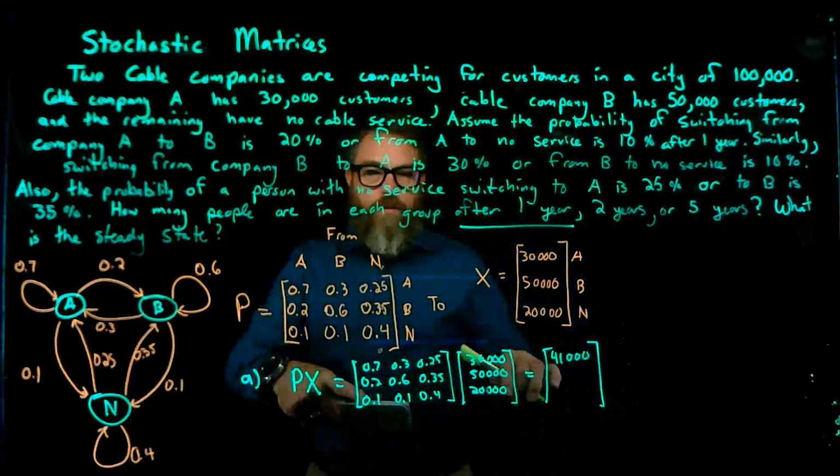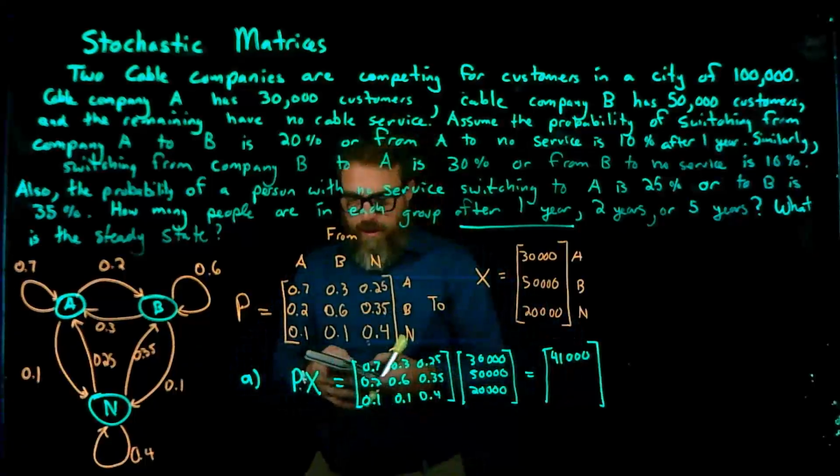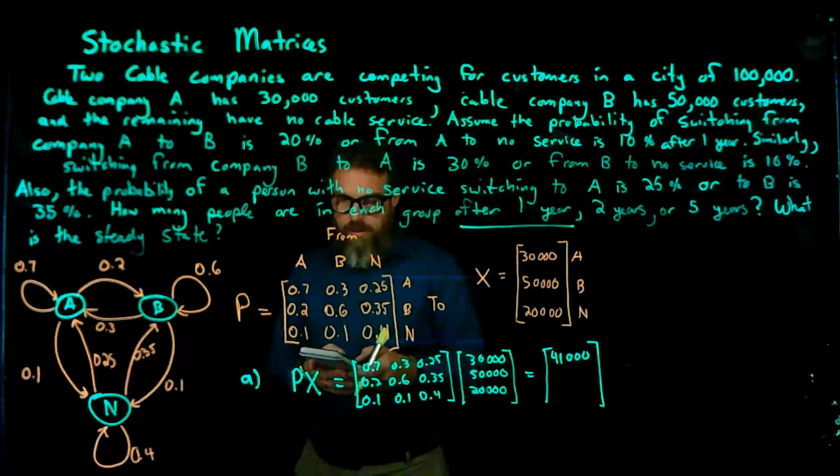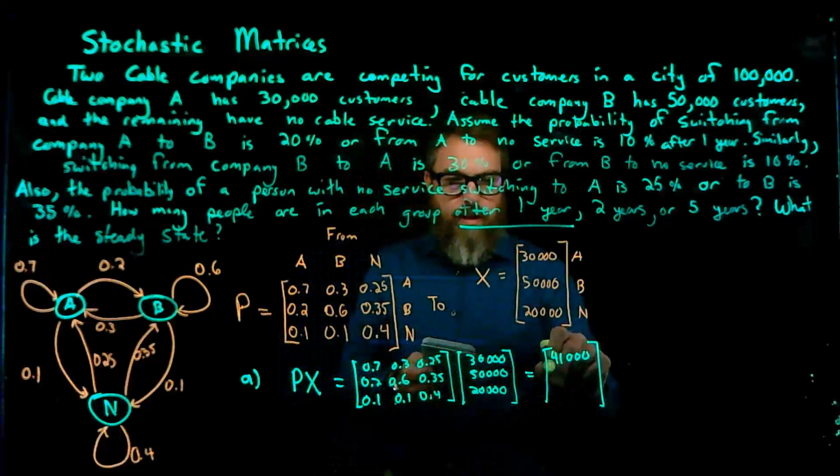Now it's very similar for the second row, except it's going to be 0.2 times the top, 0.6, 0.35. So 0.2 times 30,000 plus 0.6 times 50,000 plus 0.35 times 20,000. This gives us 43,000.